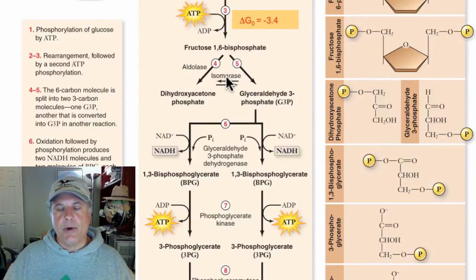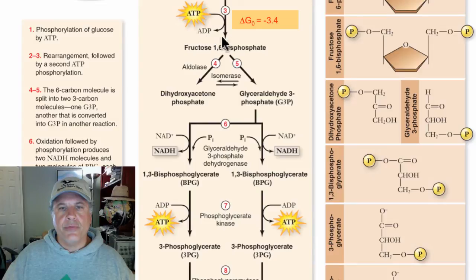But then the isomerase plays a role and converts the dihydroxyacetone phosphate into glyceraldehyde 3-phosphate. So at the end of steps 4 and 5, we end up with 2 molecules of glyceraldehyde 3-phosphate, each of which enters the next stage of the glycolytic pathway.